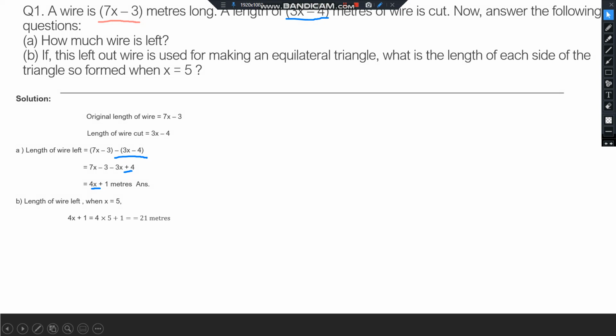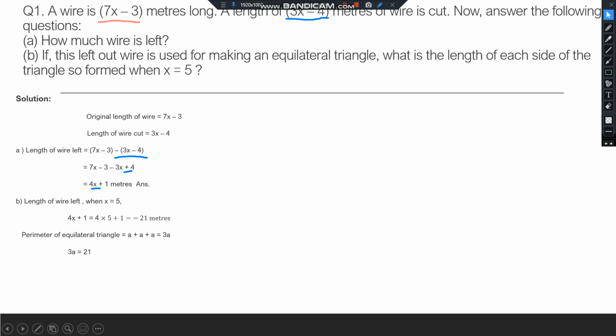Now with this an equilateral triangle is formed. So perimeter of the equilateral triangle, since you know each side of the triangle is equal, so a plus a plus a, that is 3a, that is the perimeter of the triangle. Now this perimeter is equal to 21 meters.